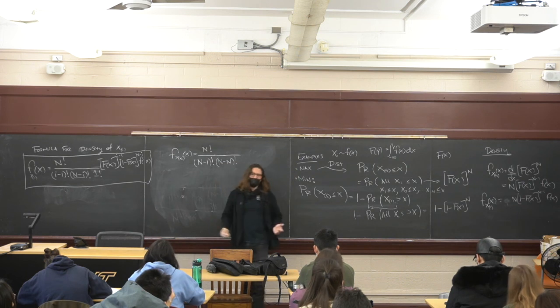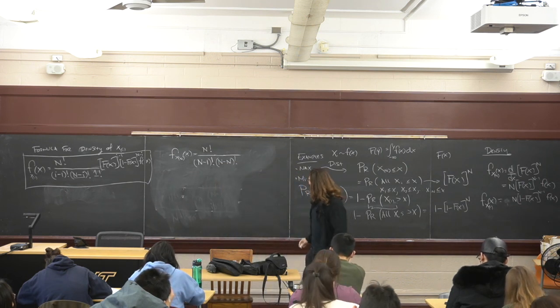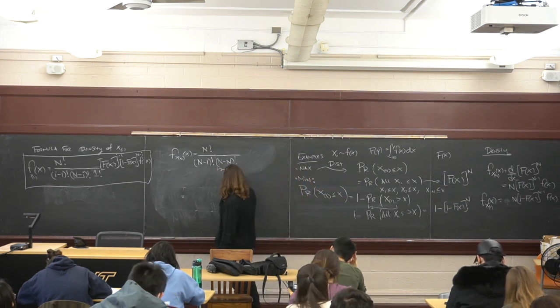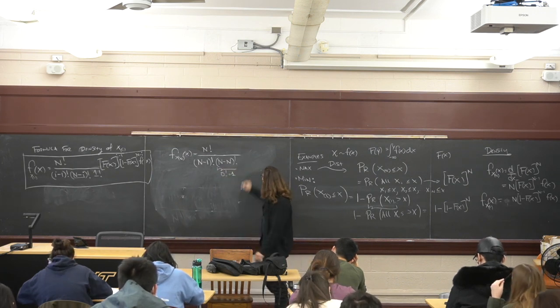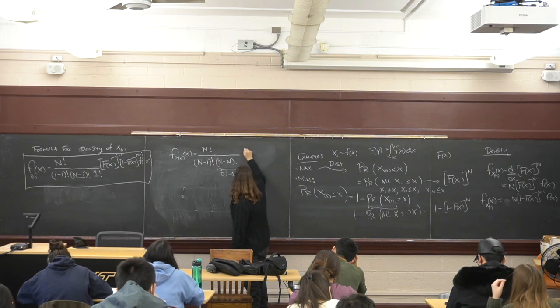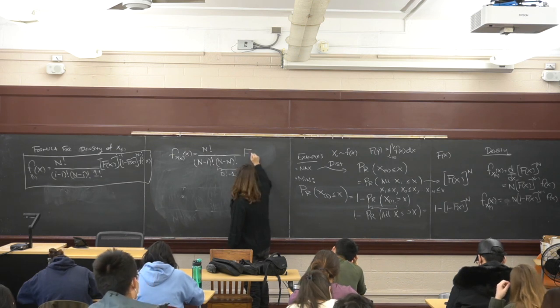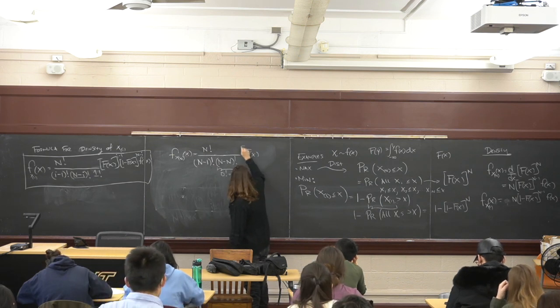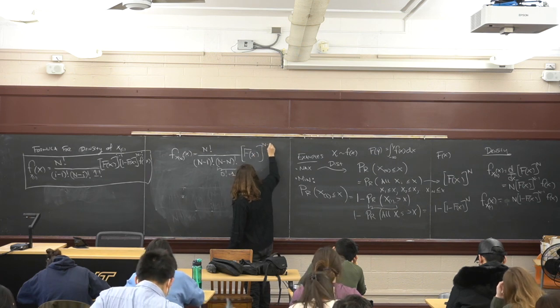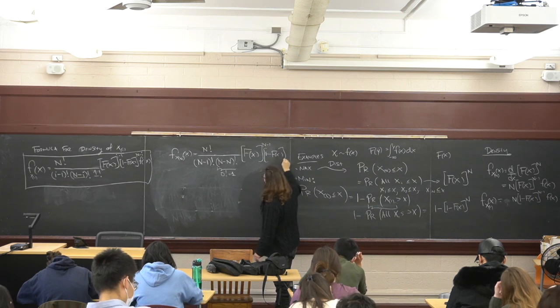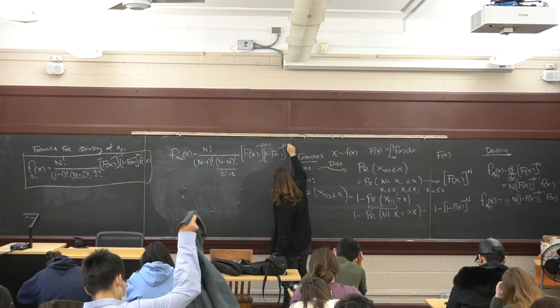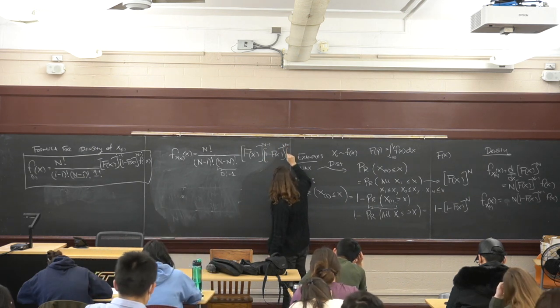I don't write 1 factorial down. This is 0 factorial, which is equal to 1. So times F of x to the n minus 1, 1 minus F of x to the n minus n, and then I have my density function.